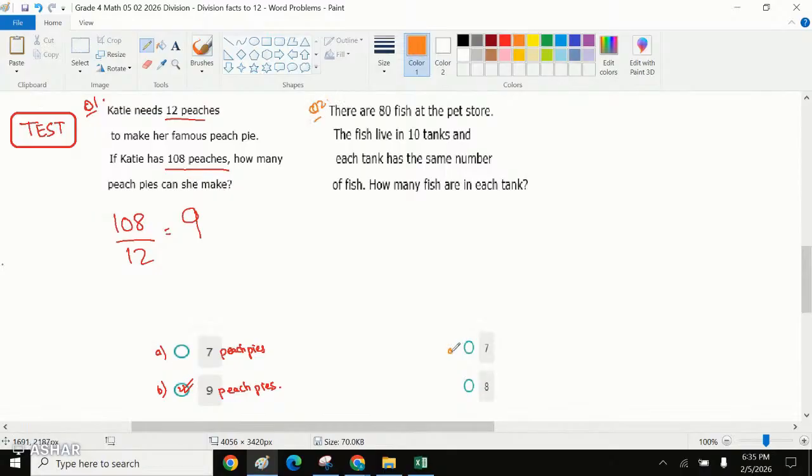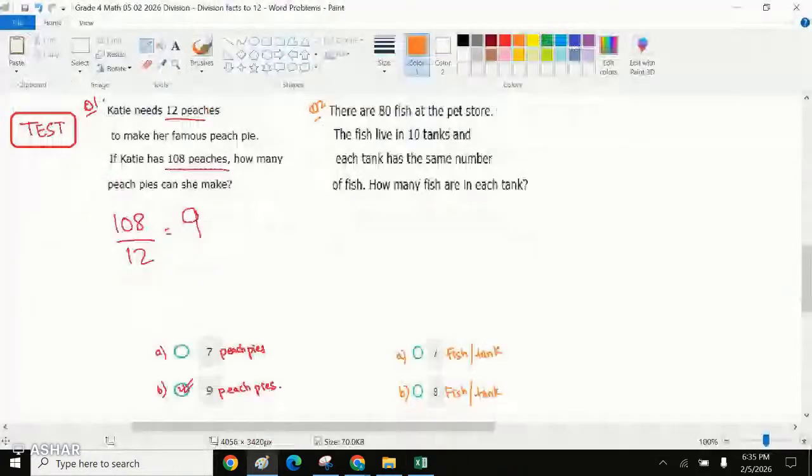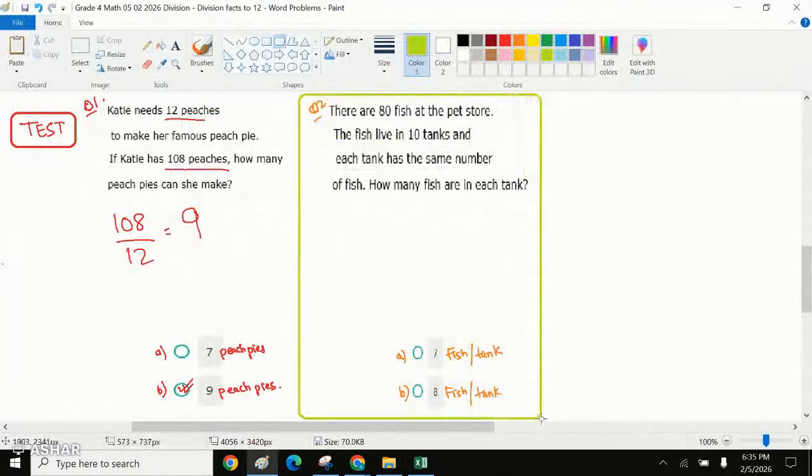And the options are option A and option B. 7 fish per tank, or 8 fish per tank. So these are the two options given to us. We need to select either. Okay, let's see what is the correct answer.